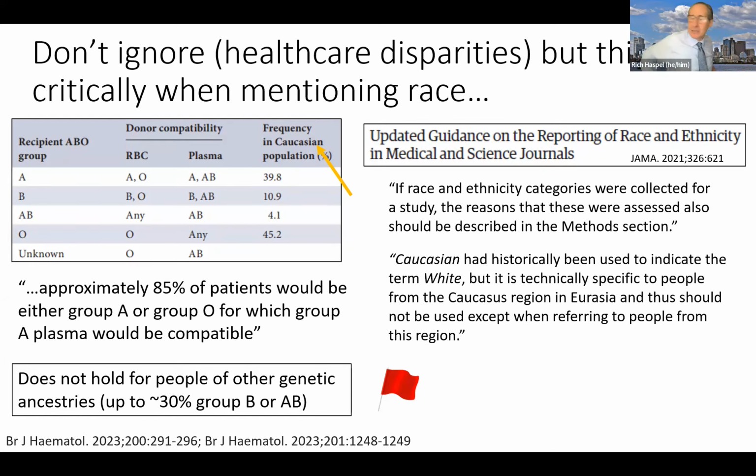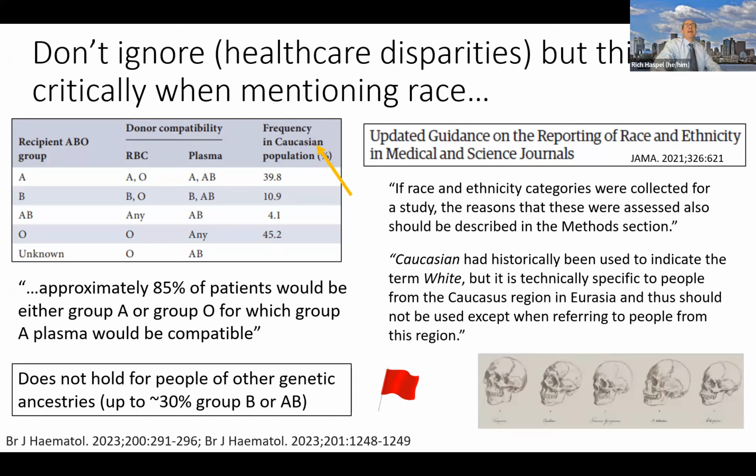Also, and I don't mean to micromanage or be too picky, but the actual word Caucasian has this huge history where basically this guy named Blumenbach in the late 1700s, the most beautiful skull in his collection was from the Caucasus Mountains.